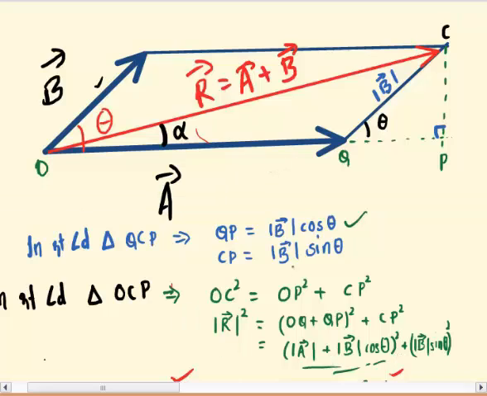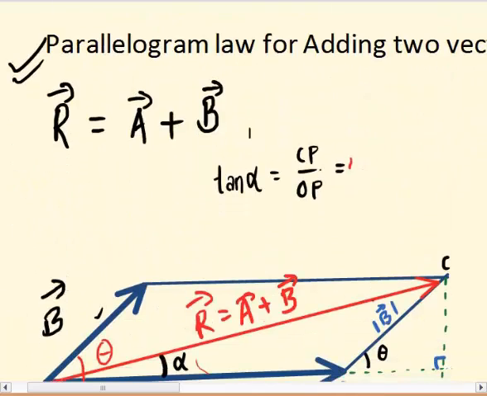So we can substitute here and write this is equal to modulus of B sin theta divided by modulus of A plus modulus of B cos theta.